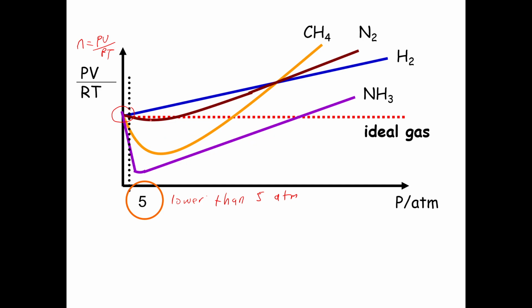Kalau dia menghampiri garis yang dotted red line ni, okay, so gas tu actually behave ideally. Okay, so yang ni NH3 deviate, okay, larger deviation. Warna kuning ni CH4 pun larger deviation. So kalau kamu tengok dalam graf ni yang hampir dengan dotted red line ni ialah hydrogen. Okay, dia menghampiri ideal gas. Tapi bila lower than 5 atm, okay, so mostly dia boleh behave ideally at low pressure.